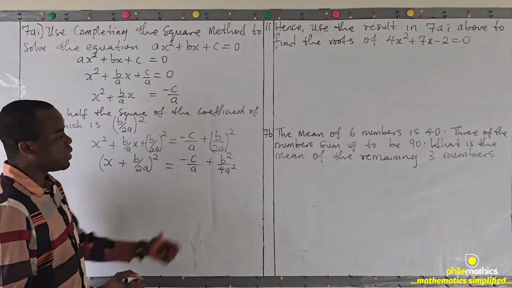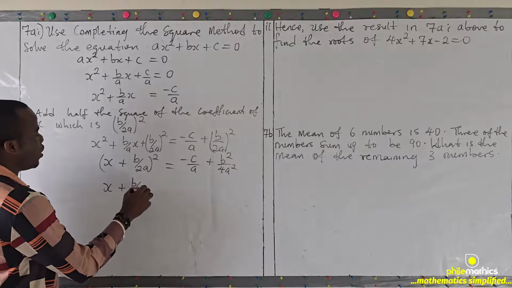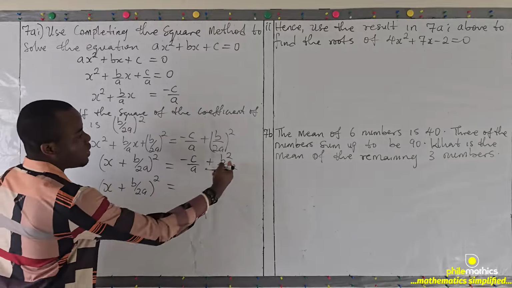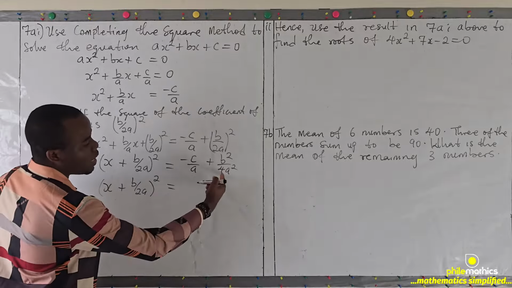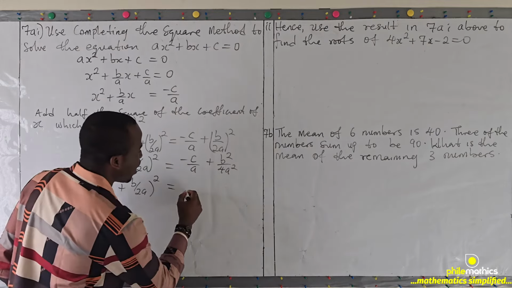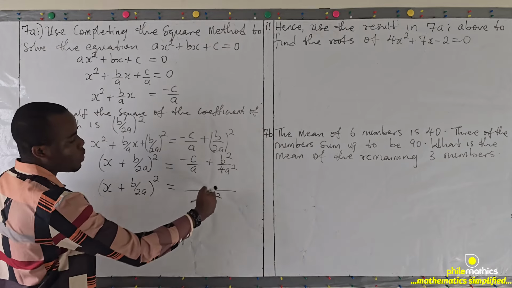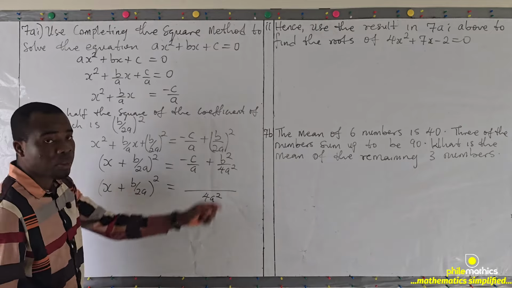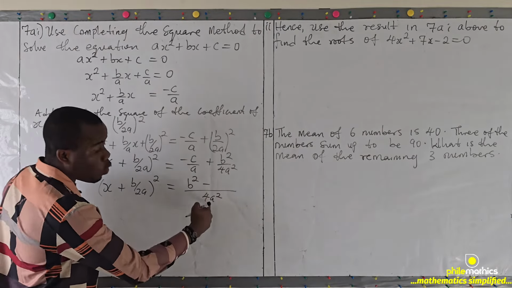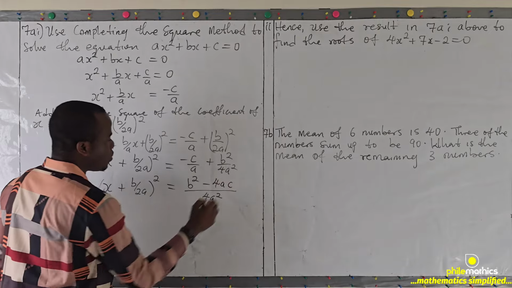Now I can simplify this, and we'll have x plus b over 2a raised to power 2. The LCM is 4a square. If 4a square goes into 4a square, you get 1. Multiply b square, you have b square minus a into 4a square is 4a times c, which is 4ac.